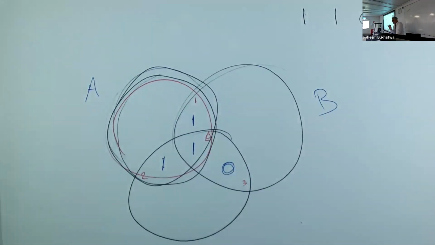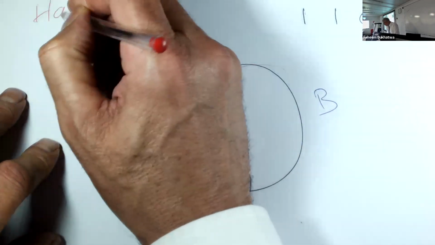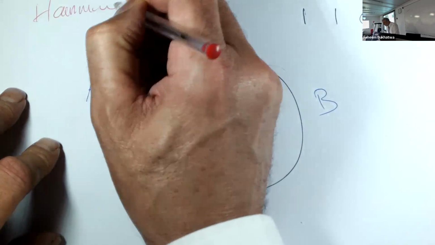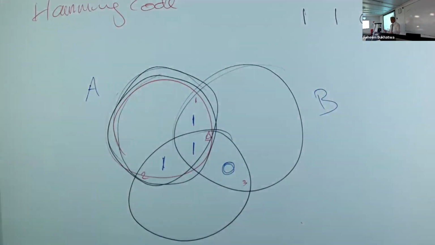Now let's look at every group of bits that fall in one area independently, and let's see if we can work out a parity system for them. And like every parity system, it can be odd or even. So this is Hamming code error detection and correction.